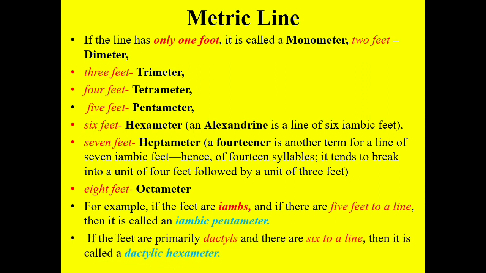For example, if the feet are primarily dactyls and there are 6 to a line, so 6 dactyls in a line, then it is called dactylic hexameter. This way we need to identify. Iambic pentameter means that in a line 5 iambs are there. Dactylic hexameter means that in a line we have 6 dactyls. This way a line will be identified.